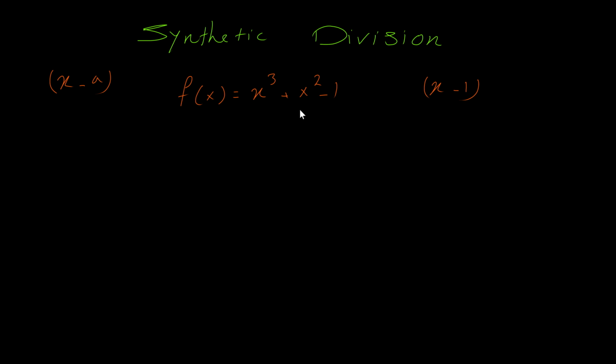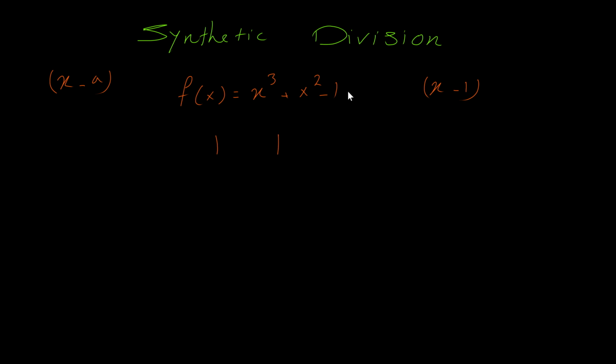So the way that we use the synthetic division is we use the coefficients. So we don't write the x's, just the coefficients of the polynomial that we have. So how do we do it? I write 1 for x to the third. That's the highest degree of the polynomial. Then the next one is x squared, and the coefficient is 1.